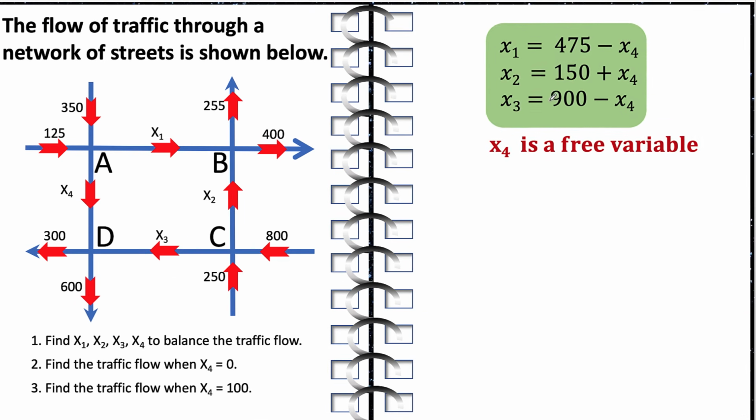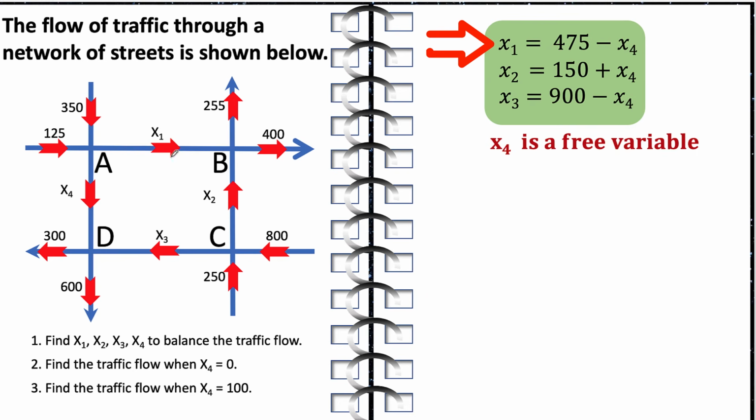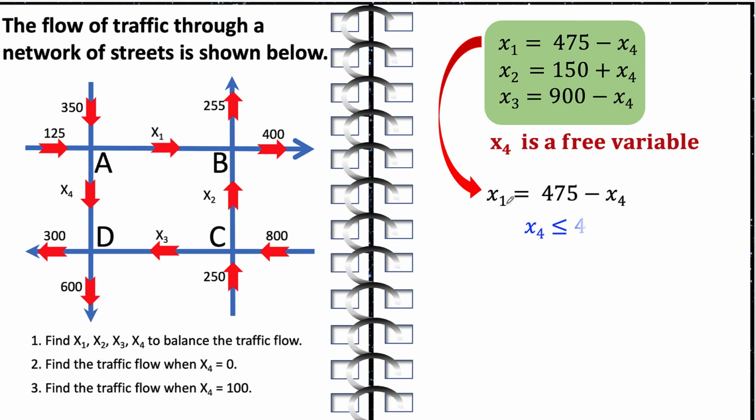Since x of 1, the flow of traffic here, cannot be negative, x of 4 cannot be more than 475, because that will make x of 1 negative. Therefore, one restriction is that x of 4 must be less than or equal to 475.